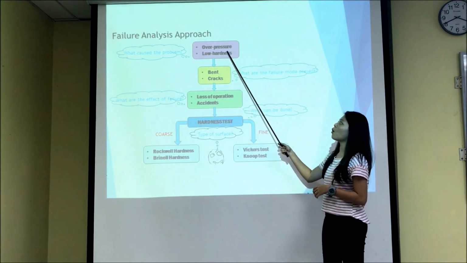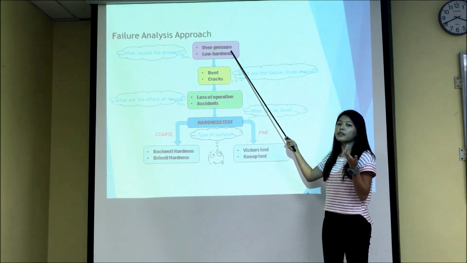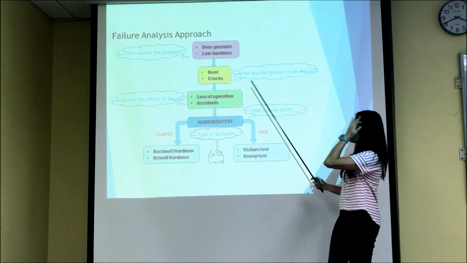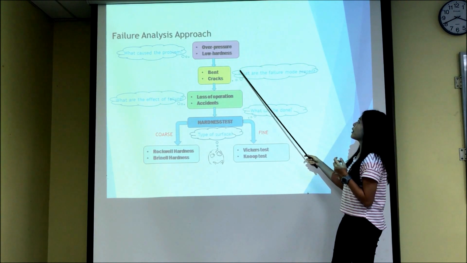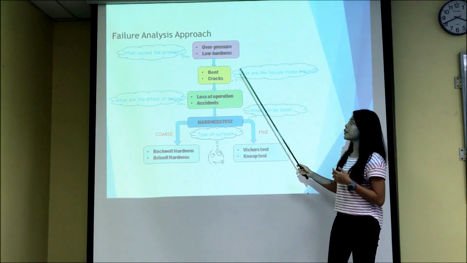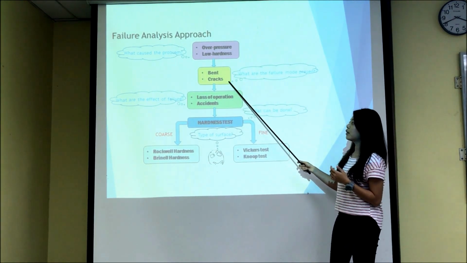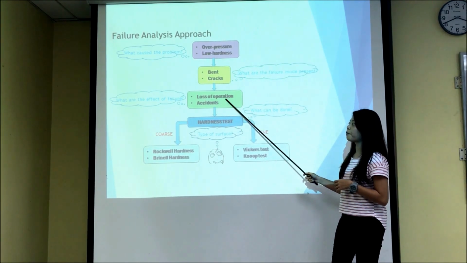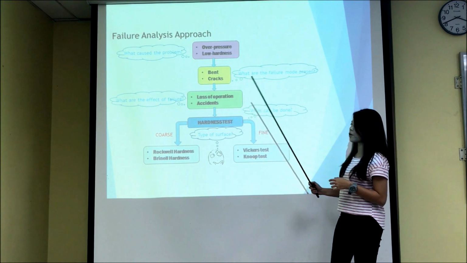Maybe it is over-pressurized, or the crankshaft itself has low hardness originally. These two are the failure modes that may occur, which are bending or cracks. All these failures will lead to loss of operations or accidents for the user.